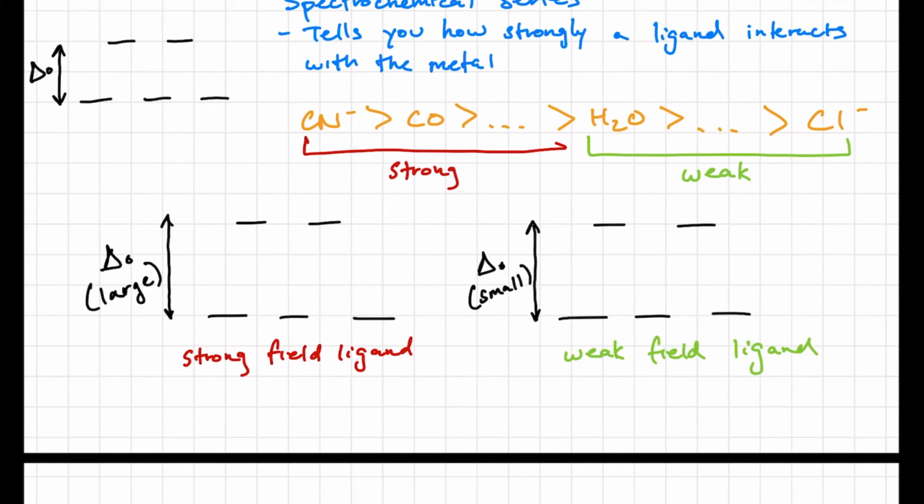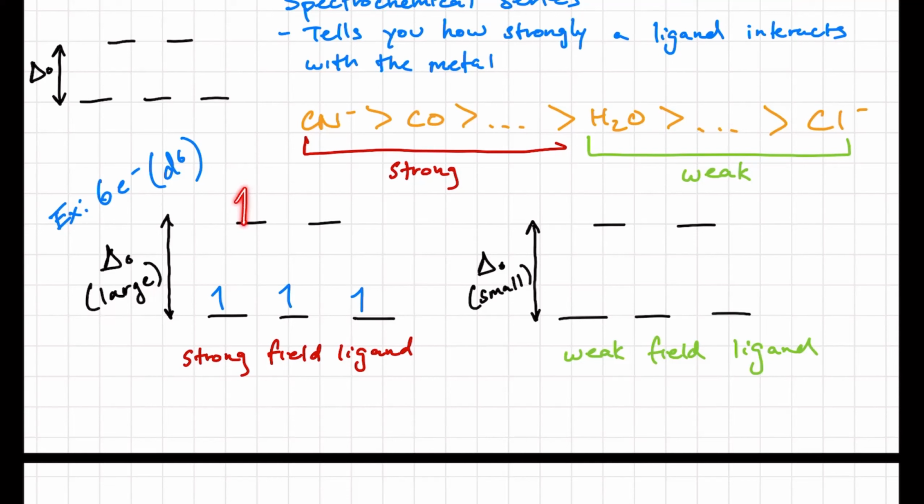And so this comes into play when we have to fill in these diagrams. Let's say I had 6 electrons. For a strong field ligand, starting out, you would go 1, 2, 3, say d6. Because this energy gap is large, normally we would think to put an electron up here because electrons don't like to be paired up, right?